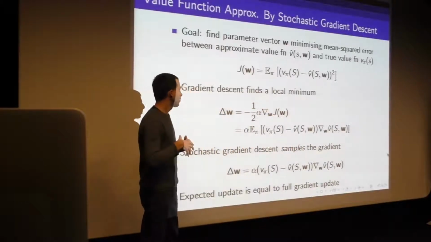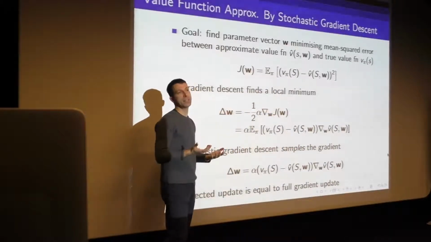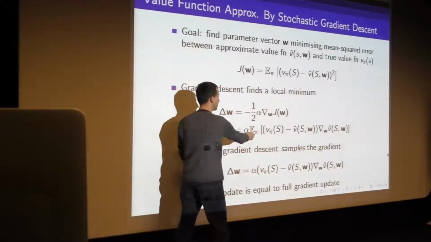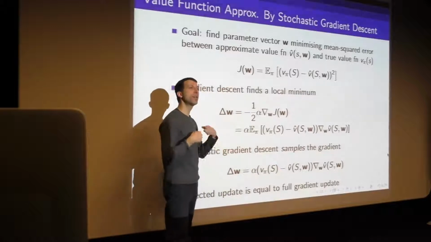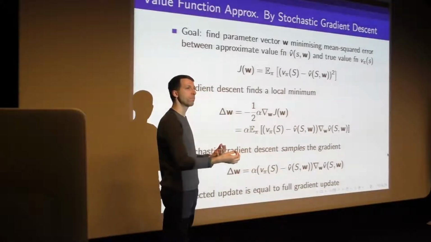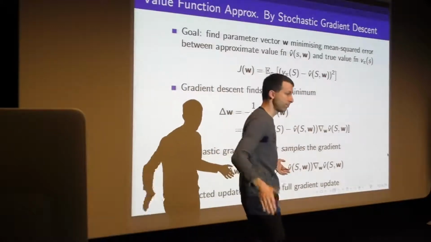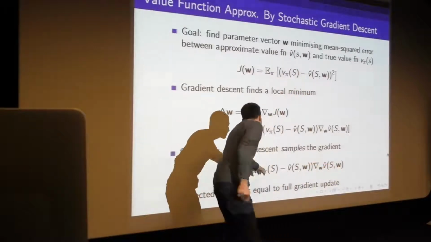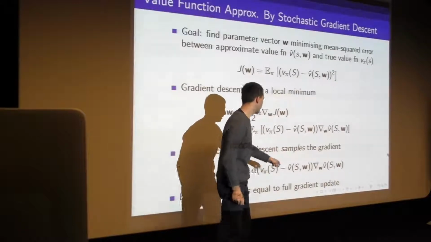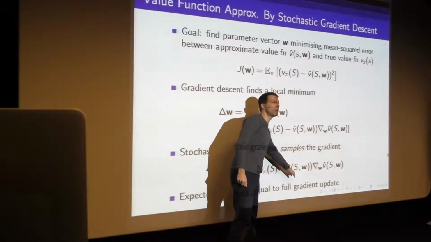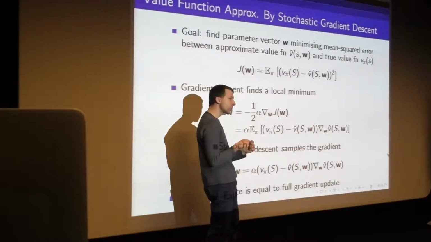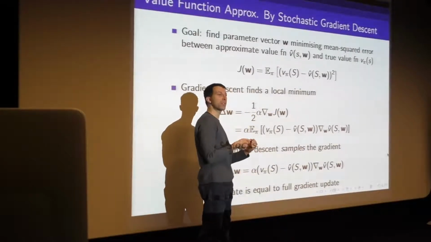And then the way to deal with the expectation is by using stochastic gradient descent. So instead of doing a full gradient, instead of explicitly computing this expectation, all we're going to do is sample a state. So we're going to randomly sample a state by just seeing which state we visited. We're going to look at what the oracle says in that state, v pi, we're going to look at our estimate. This is what we thought the value was going to be. We're going to look at the error term here. And we say, okay, we'd like to adjust our parameters so as to correct for that error term.